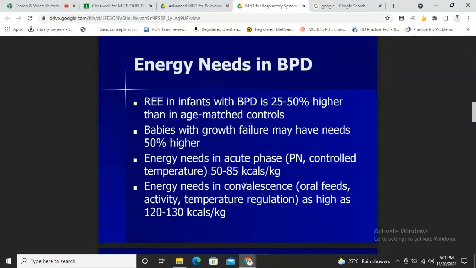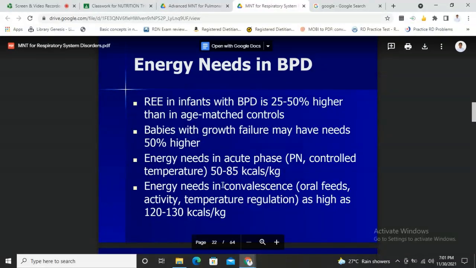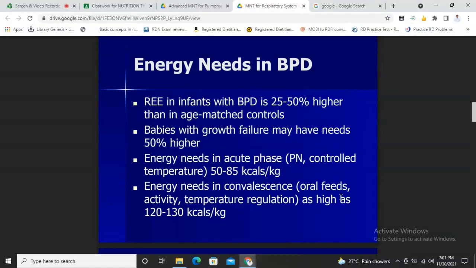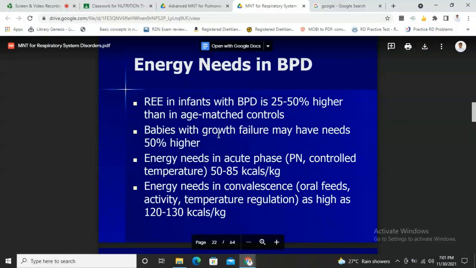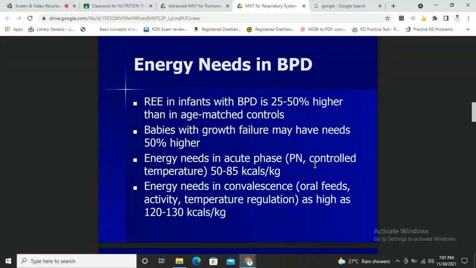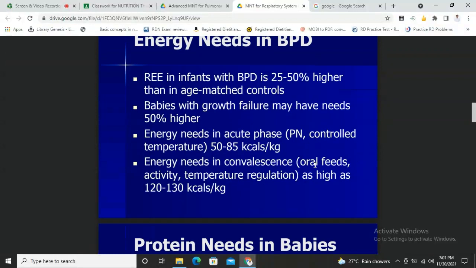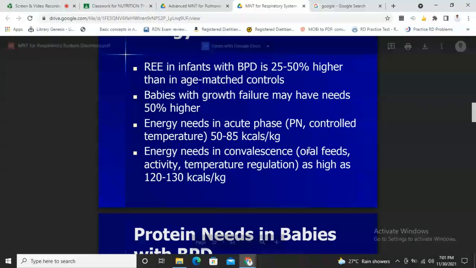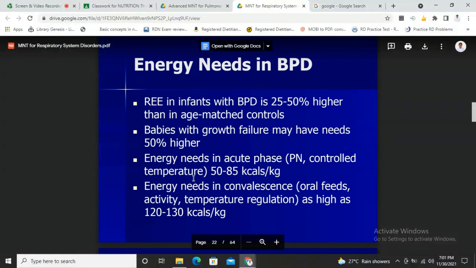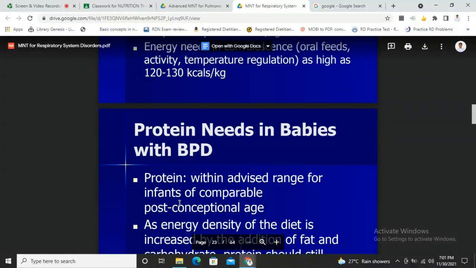Okay, and yeah, mas mutaas pa gyud ilang energy needs, no, in convalescence to support growth. Okay, labi na nga naay nga ulahi na gyud sila sa trend compared sa mga healthy infants, so they really would have to catch up, no, and you know, the only way to do that is to increase the energy intake.